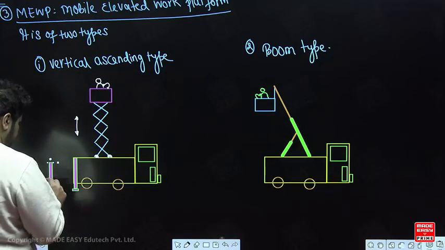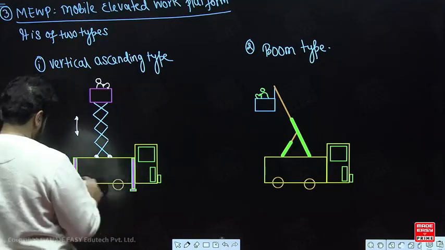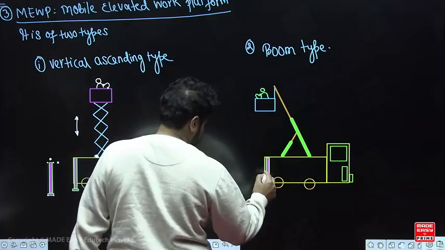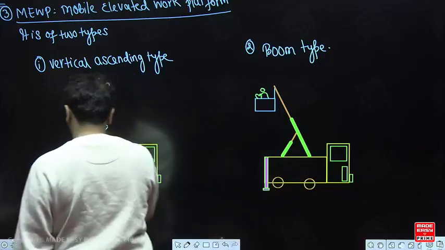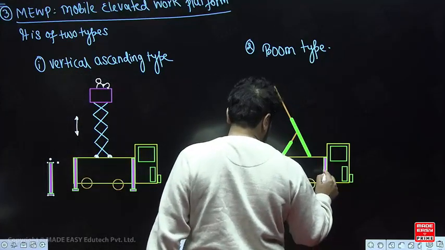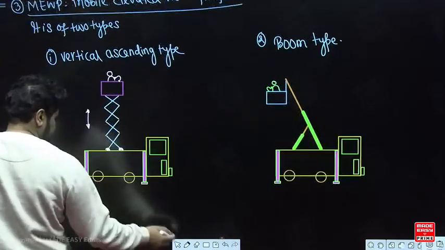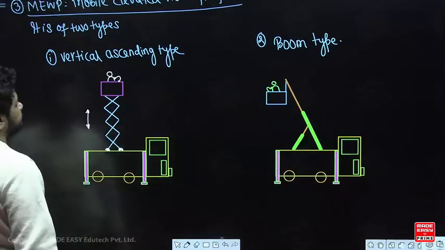These are called as outriggers. इसको क्या कहते हैं? So we call this as outriggers.